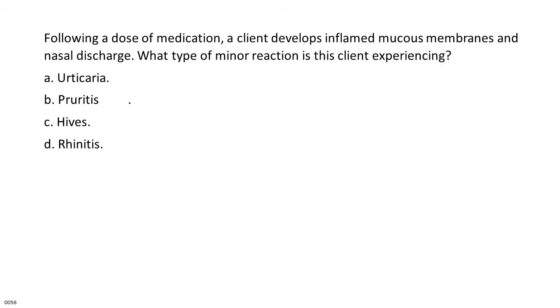Following a dose of medication, a client develops inflamed mucous membranes and nasal discharge. What type of minor reaction is this client experiencing? A. Urticaria. B. Pruritus. C. Hives. D. Rhinitis.